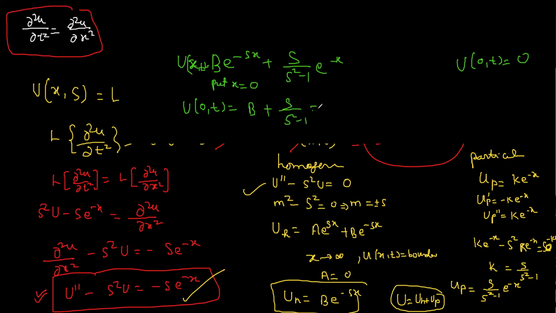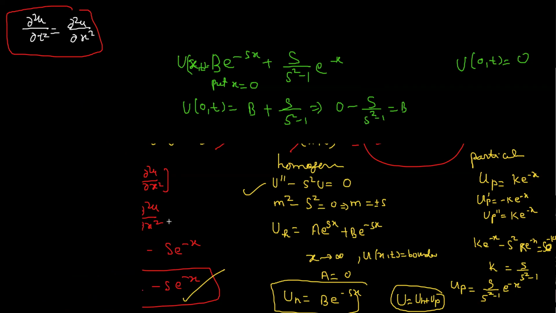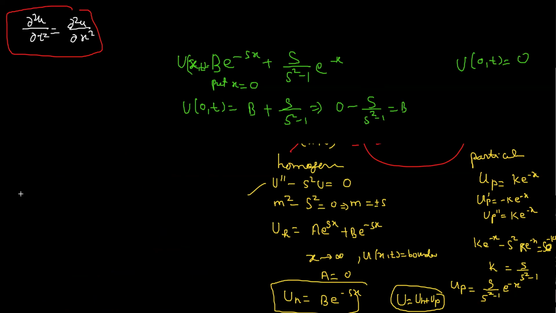And ut is 0 minus s square minus 1 b. So value of b you got.